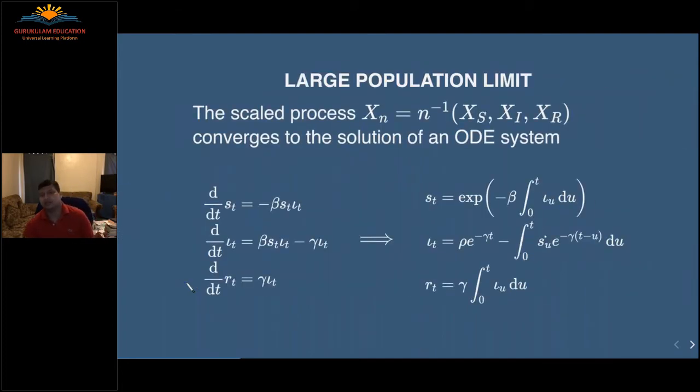The good thing about this approach is that if I know my population is large, and I look at the scaled process, where instead of counts we look at the proportion of individuals, and I let n go to infinity, where n is my initial number of susceptibles, then the scaled stochastic process converges to deterministic equations that satisfy this ordinary differential equation.